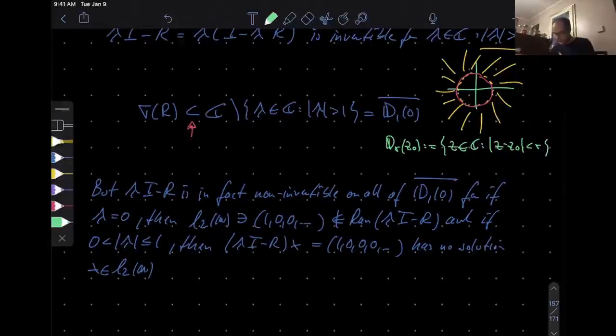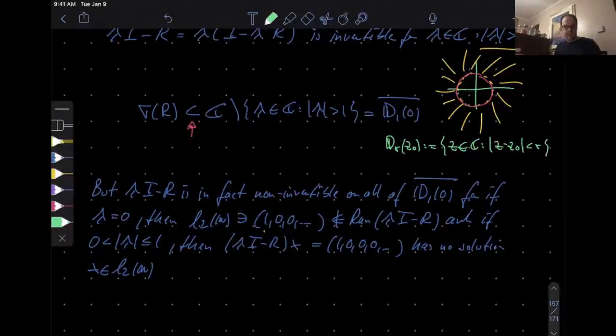All right. So how to do this? I claim that lambda I minus R is non-invertible on the whole unit disk. Namely, at lambda equals 0, it is not invertible simply because the right shift puts a 0 in the first entry of any vector in little l2, and so that means in turn this vector here, which is certainly in l2, is not in the range of the right shift.